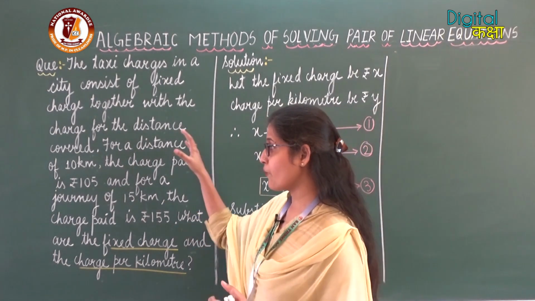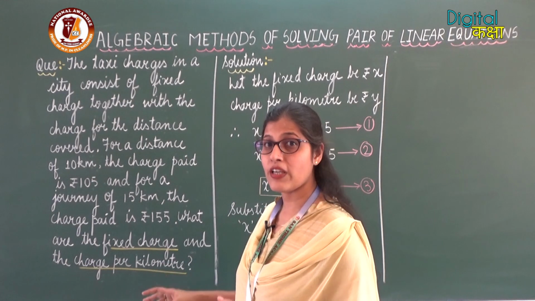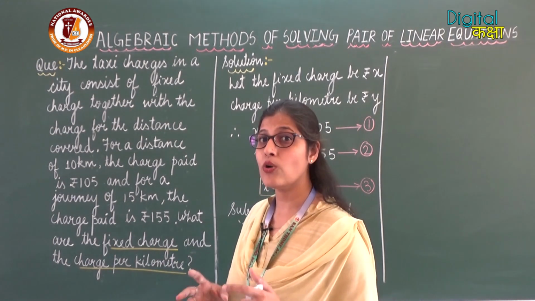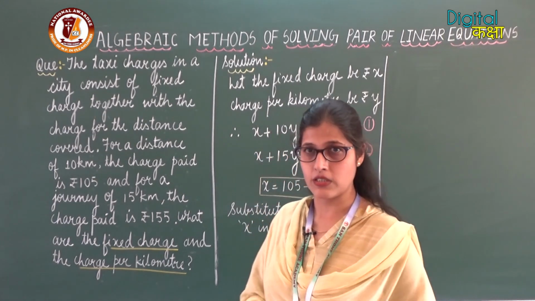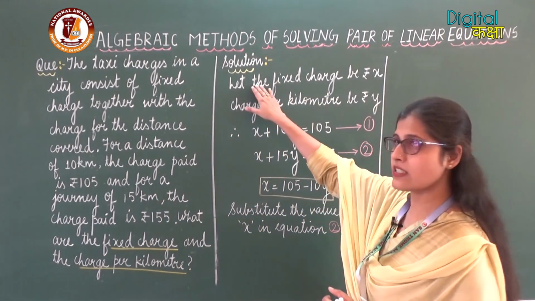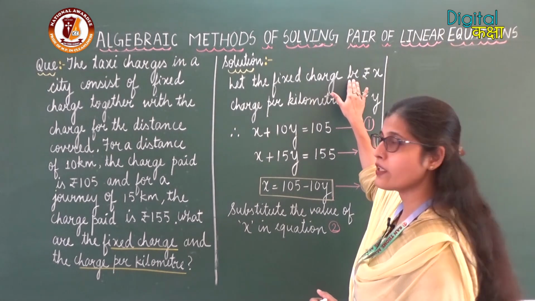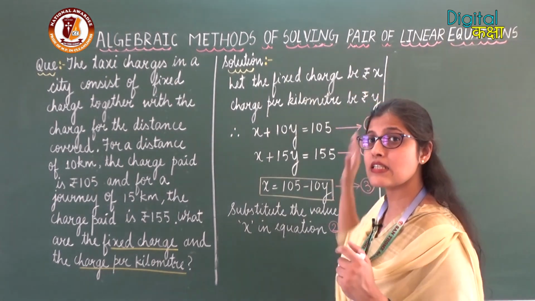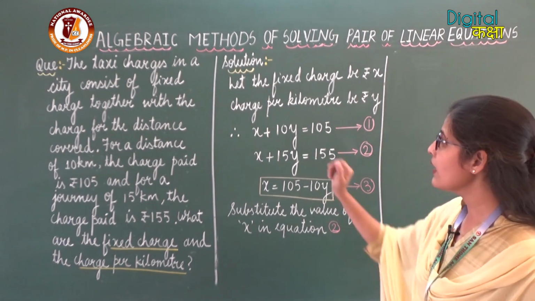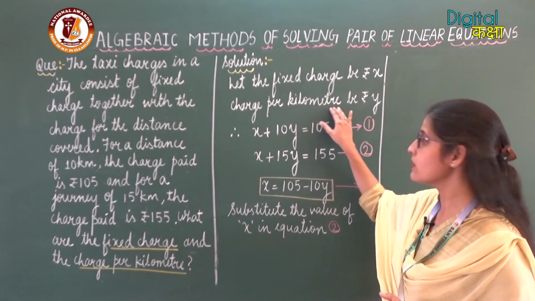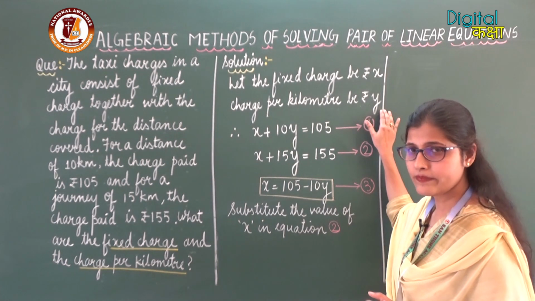So, before starting with the question, we have to assume the value of the fixed charge and the charge per kilometer. So, let us assume that the fixed charge be rupees x, since it is a charge, so we will be writing it in terms of rupees, and the charge per kilometer be rupees y.